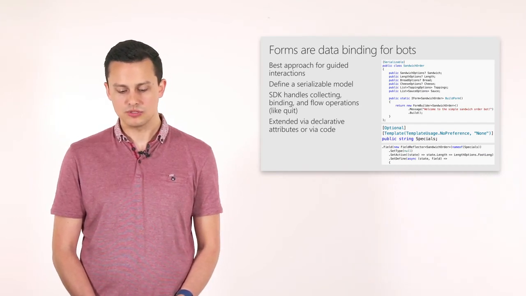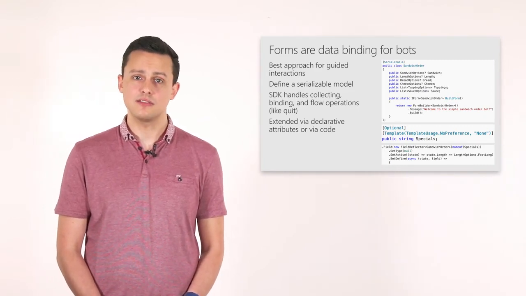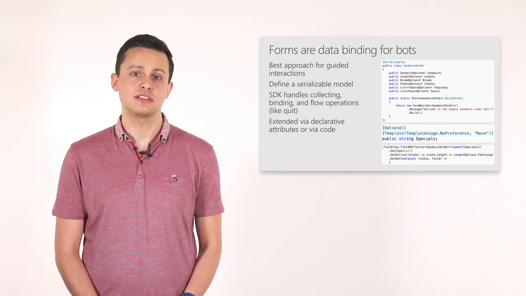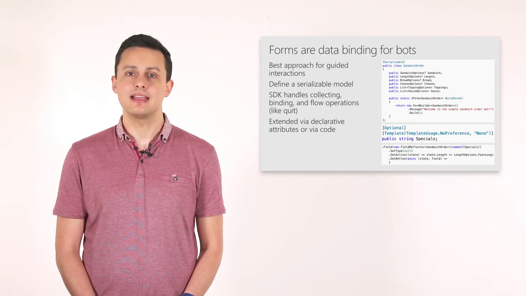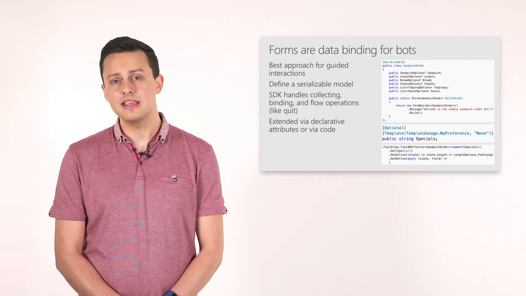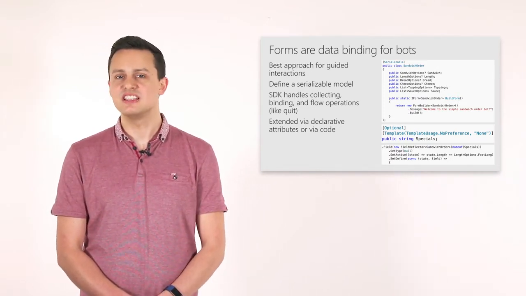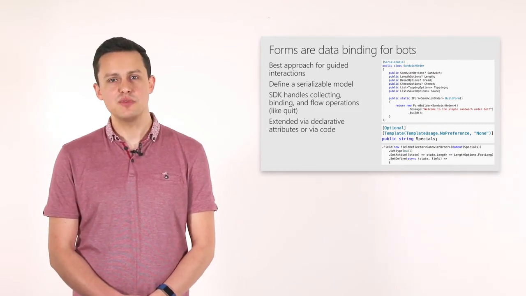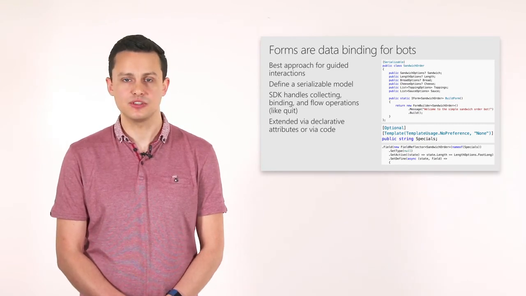It also handles other operations for us. For example, it allows the user to exit the flow, it allows the user to ask for help in completing various steps, and the user can also insert instructions to go back and update previous responses. Now, the experience that the bot framework builds for you by default is fairly straightforward, but we can make it a lot richer by applying attributes to our code to override things like how the bot asks questions.